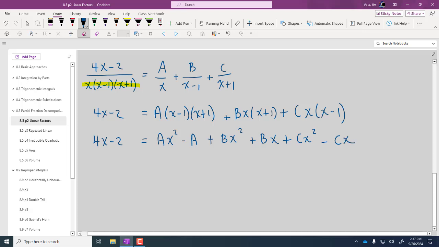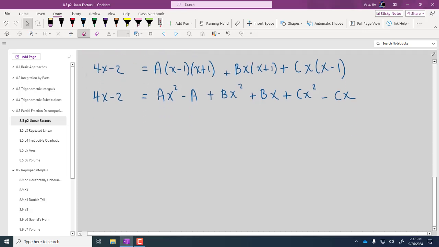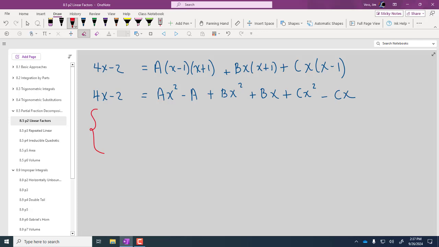So now we've got our polynomial on the left, our polynomial on the right, and we can set up the system. The system says the coefficients have to match. On the right, we see that the largest power is x squared, so I'm going to highlight the x squared coefficients.